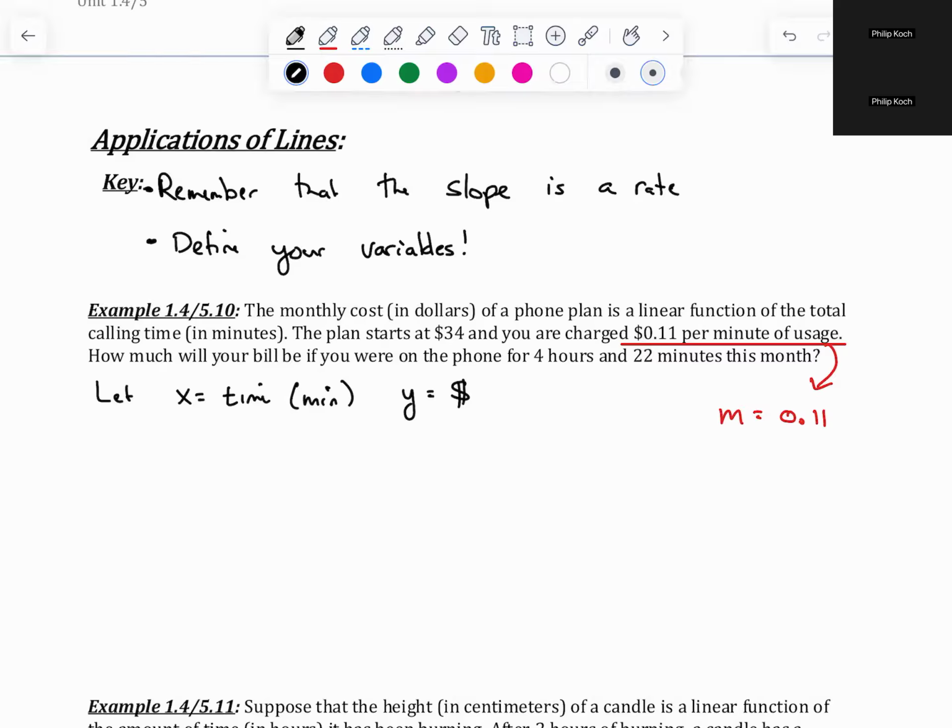The plan starts at $34, meaning that if you don't call anybody, you will still be charged $34 for that plan. So if x is 0, then the plan costs $34. If x is 0, y is 34. So the y-intercept is 34.